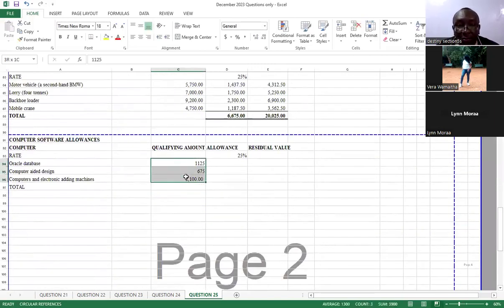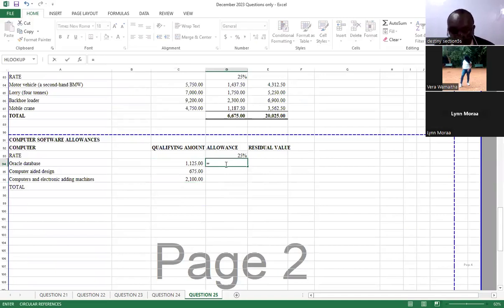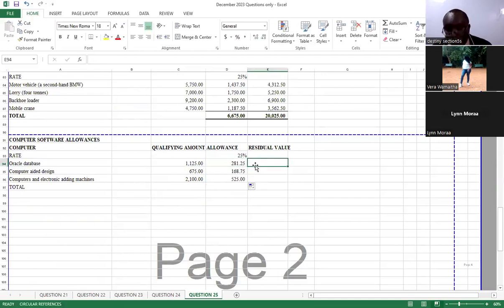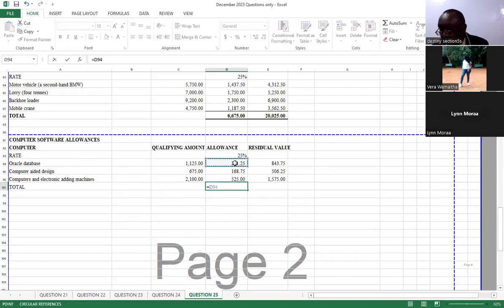So let's make them to be identical that way. So this now will be equal to this times this. Then you press F4 so that the rate will remain. Then you drag up to that point. Then you quickly come here and say the residual will be this minus this. Then you autofill. Look for the total: this plus this plus this.